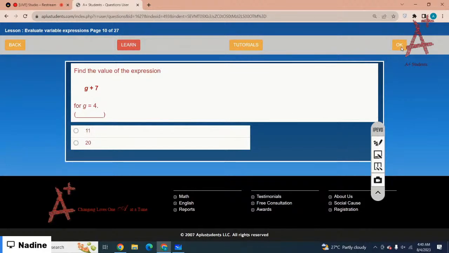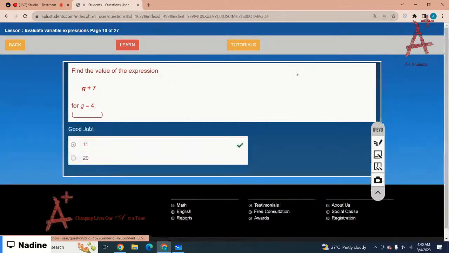Find the value of the expression g plus 7. The correct option is 11.